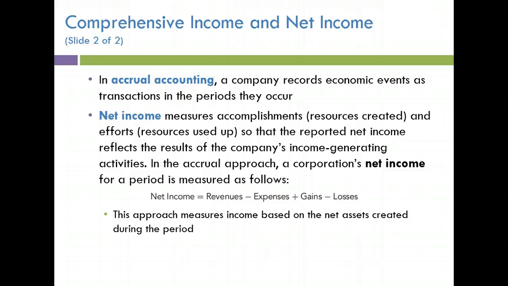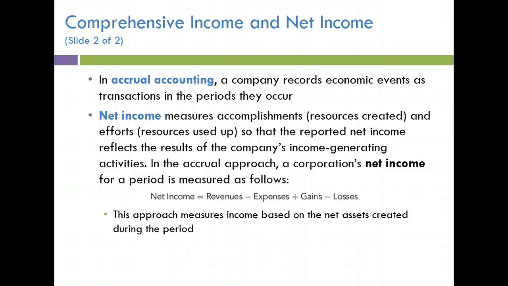So basically, net income is going to equal revenues minus your expenses plus any gains minus losses. Okay? So in the past we know net income is revenues minus expenses.